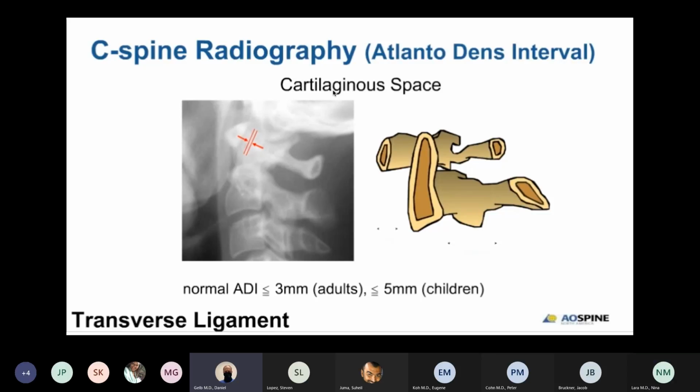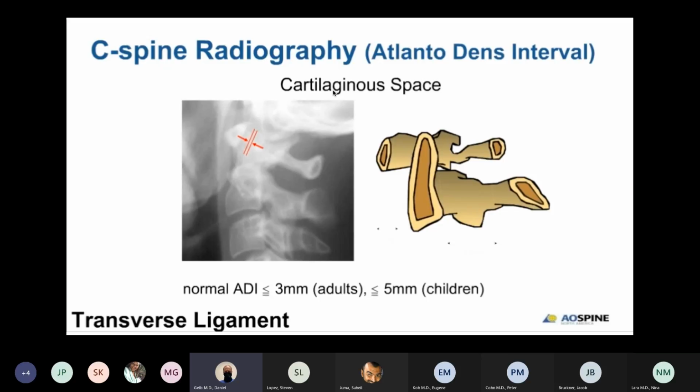Even if you think you're perfect, measuring the difference between 7 and 8, or between 7 and 9, the error of measurement is probably much greater than that. We've seen lots of people who look like they have too much spread yet are perfectly stable. I look at that posterior laminar line, and then I look at the ADI and try to get a sense of whether I think there's subluxation.